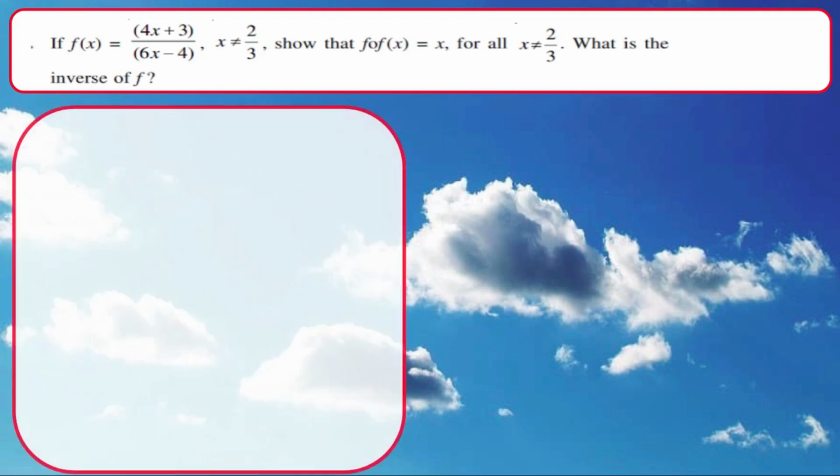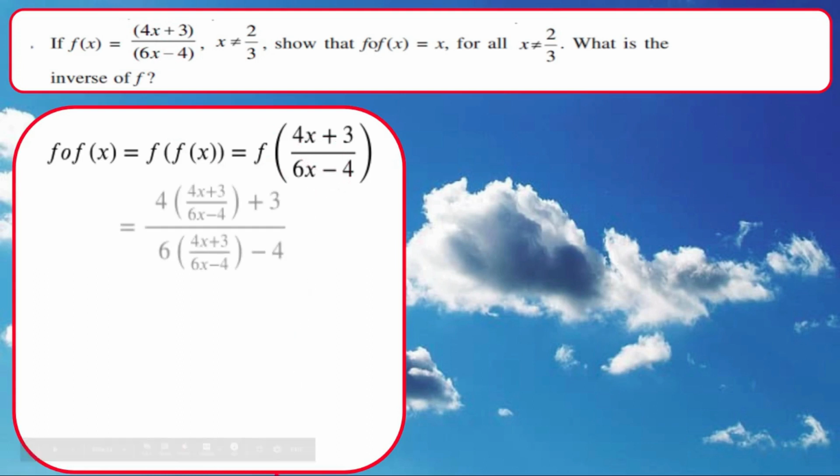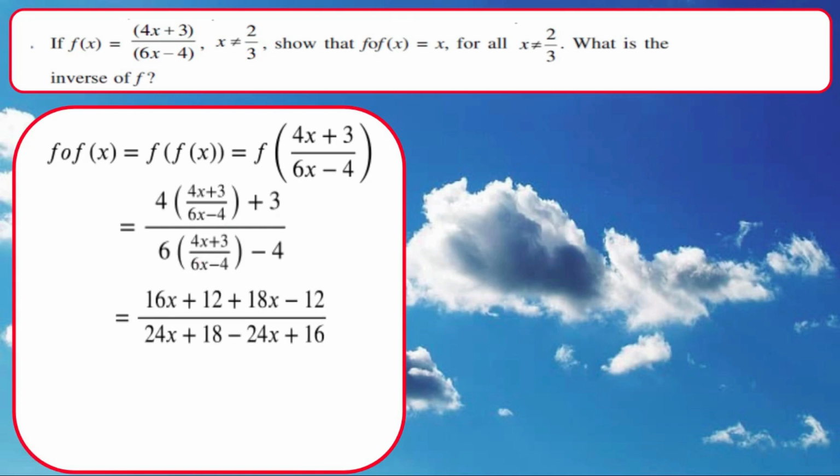f of x is given. What is f composition f of x? Which is f of x equal to f of 4x plus 3 by 6x minus 4. And f of x is the same, and there we can replace x with this expression. That means 4 into 4x plus 3 by 6x minus 4 plus 3, by 6 into 4x plus 3 by 6x minus 4 minus 4. By simplifying, you get 16x plus 12 plus 18x minus 12 divided by 24x plus 18 minus 24x plus 16. Simplifying, you will get x.